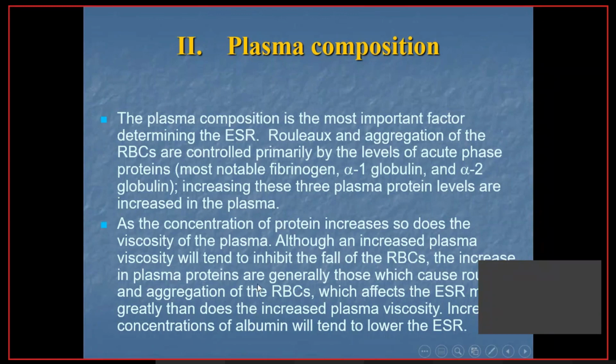So increased plasma viscosity usually inhibits the fall of RBC. So when RBC fall is reduced, then automatically the erythrocyte sedimentation rate will be low, right?